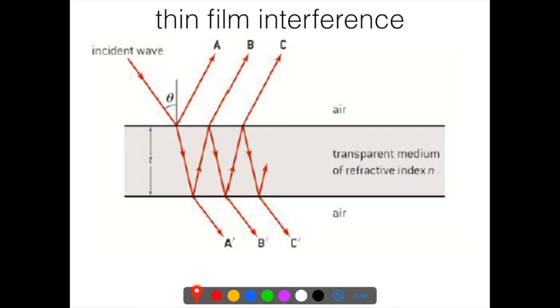Some of the wavelengths of light, depending on this distance, depending on what's being traveled here, some of the wavelengths of light will be constructive, and some of the wavelengths of light will be destructive. And that's what's then going to allow you to see the colors. Depending on which wavelengths are being constructive, those are the ones that you're going to see. Depending on the ones that are being destructive, those are the ones that are not going to appear. And so that's what we're looking at here.